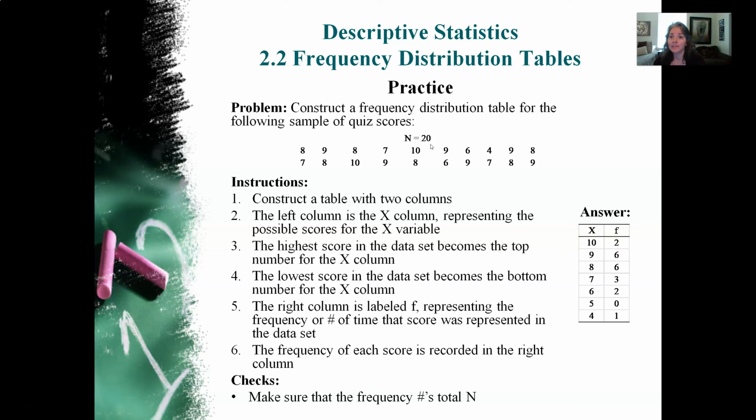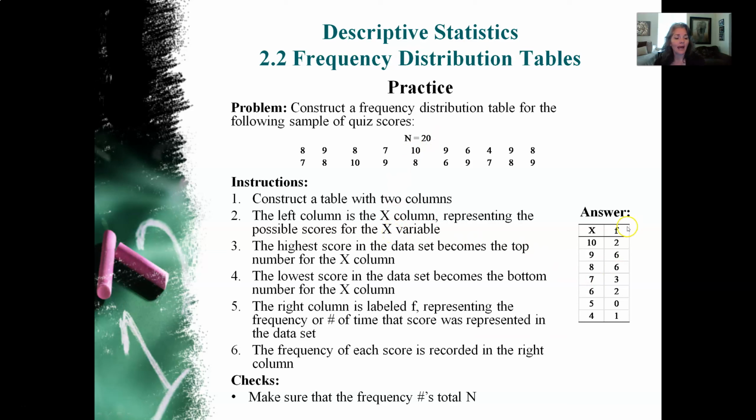So 10% of our students scored a perfect score. What percentage scored a 9, or an A, even though it wasn't a perfect score? They still scored an A. And so that would be 6 over 20, right?